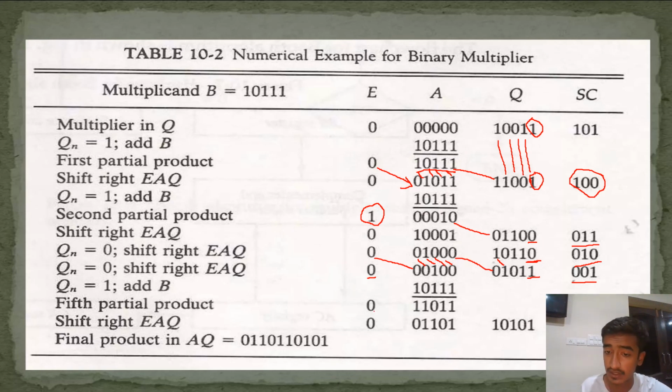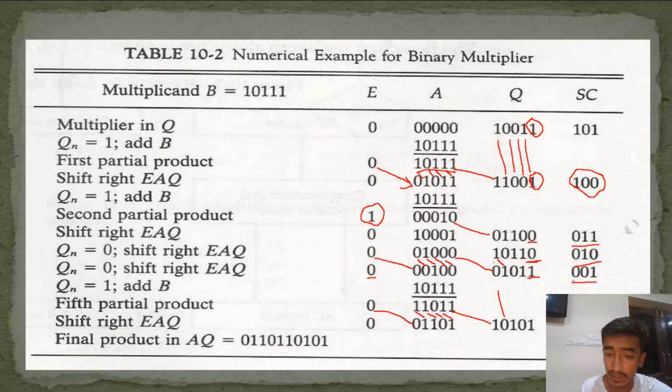Now we will do the final step. It is shift right, correct? Done. We have done all the process.